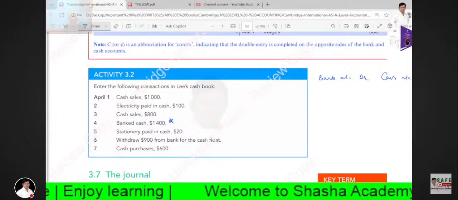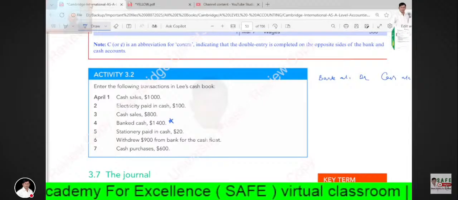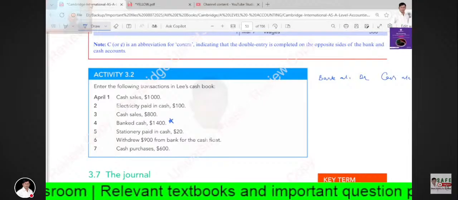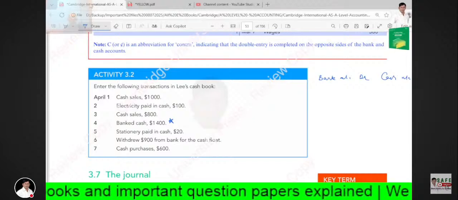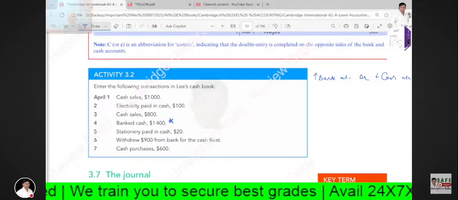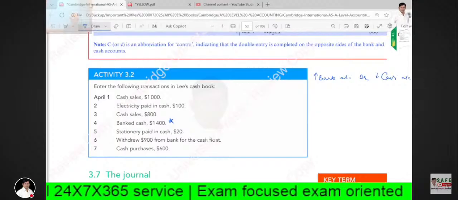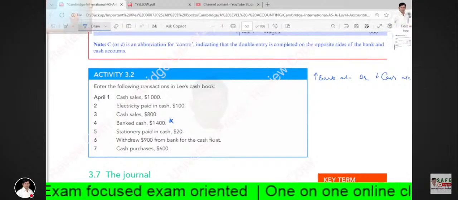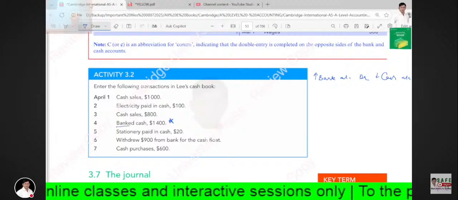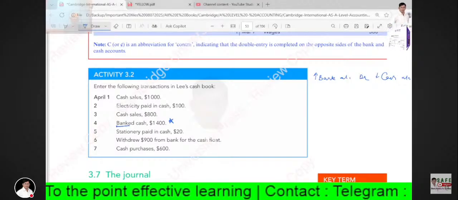Bank the cash means we are depositing cash into the bank. Cash is going out, and money is coming in the bank.